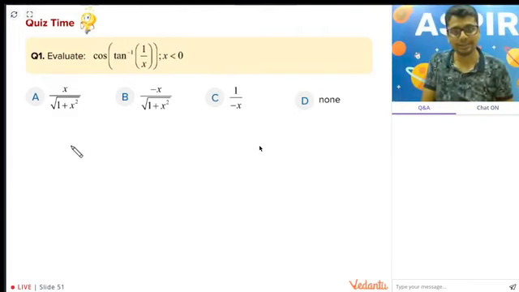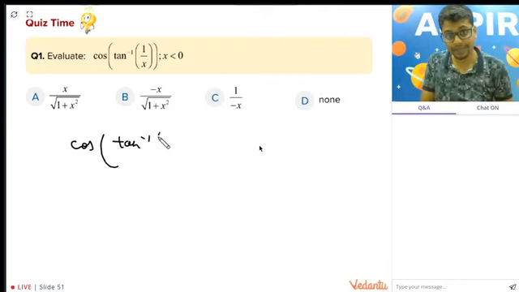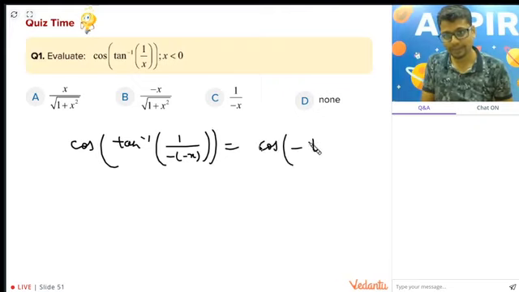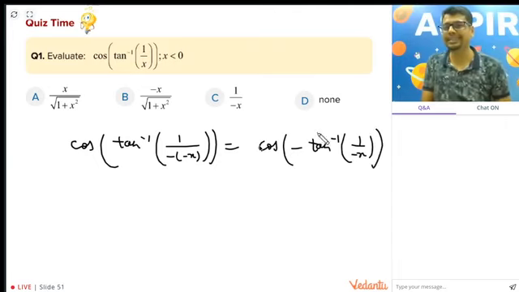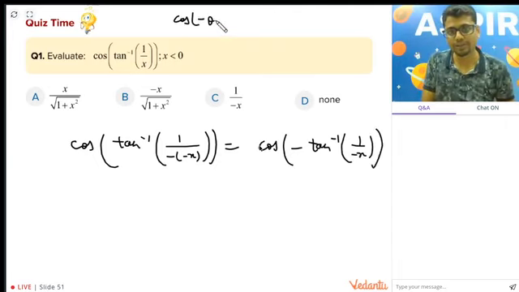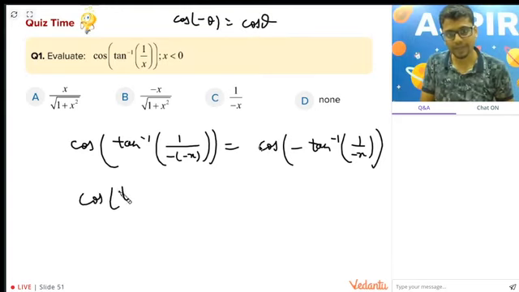Right? So it becomes what? Cos of tan inverse. Again, I'm going by the minus of minus x this way. So this becomes cos of minus tan inverse 1 by minus x. Now cos of minus theta is same as cos theta, right? We know this. So it is cos of tan inverse 1 by minus x.